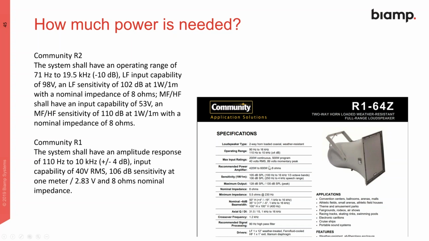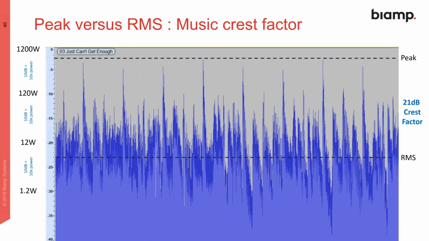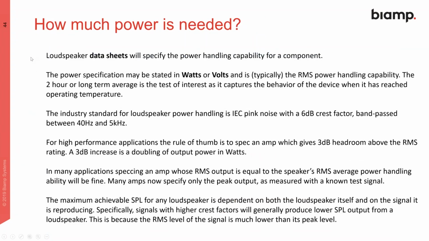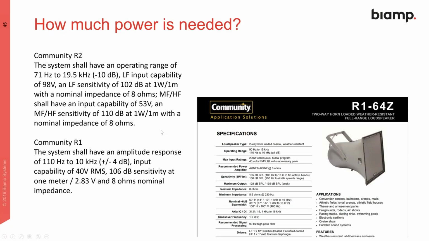We saw a moment ago, if we scroll back to this slide, 96 volts was 1,200 watts. 89 is going to be sort of in the 1,000-ish range. And we can see here it shows the low frequency sensitivity is 102 dB at 1 watt.